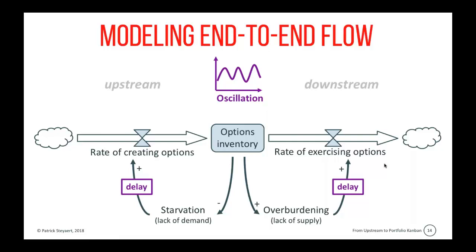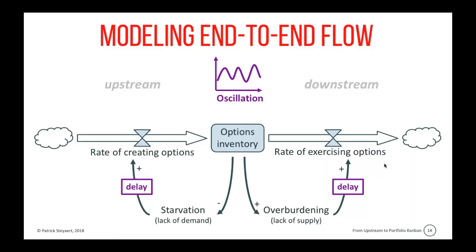Delay in a system diagram means that there's oscillation. So our options inventory starts oscillating between situations where it is very high and situations where it might become very low.